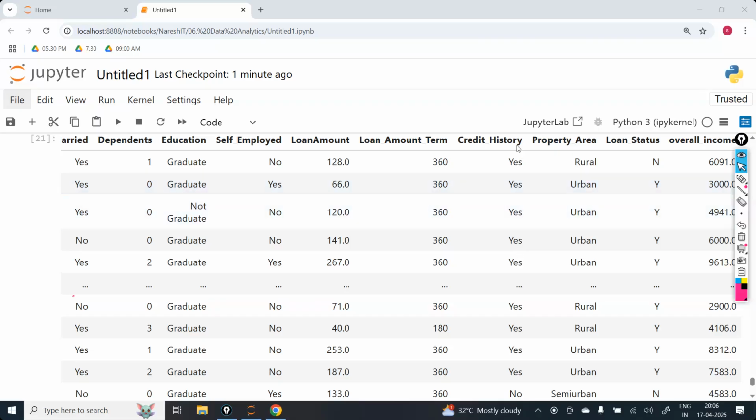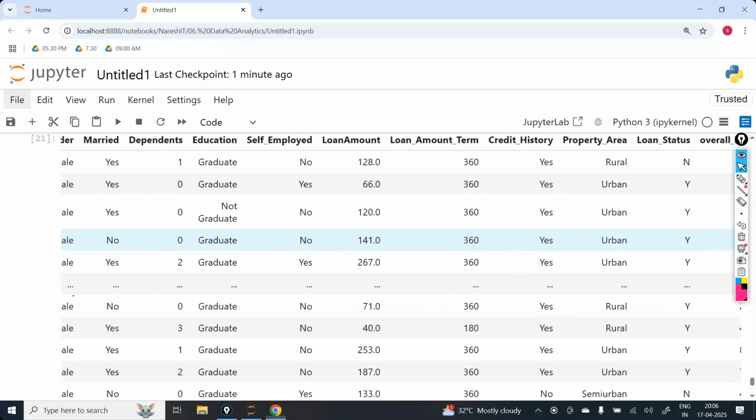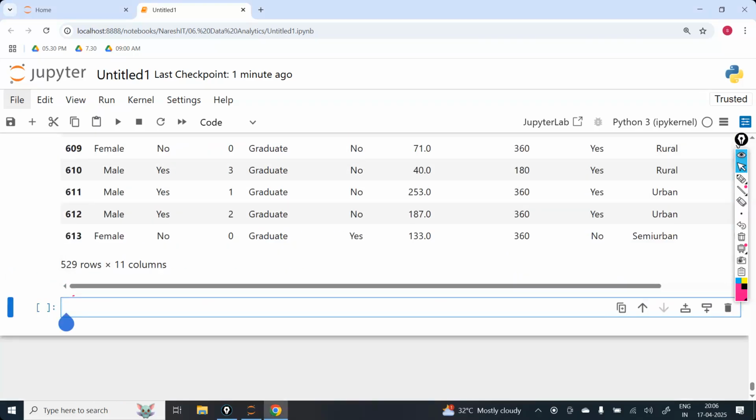Clear, guys? Now, let's start with the next one called skewness. Two columns are having skewness. Now, what are we going to do in this case? Nothing. Why, sir? Because it is a descriptive analytics project. For an inferential statistics project only, we have to do the conversion.